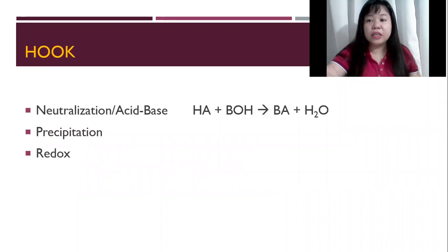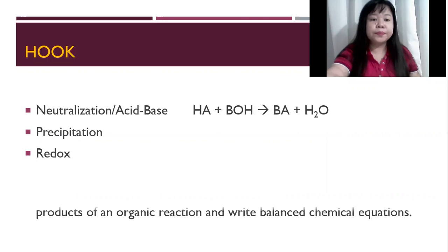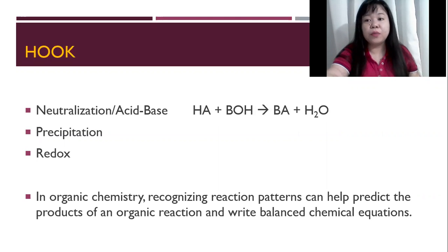We have the neutralization or acid-base processes, where you have the reaction between an acid and a base forming a salt and water. Also precipitation processes, where you form a solid precipitate out of a solution. And a redox process, where you have the simultaneous reduction and oxidation process, or the exchange of electrons.